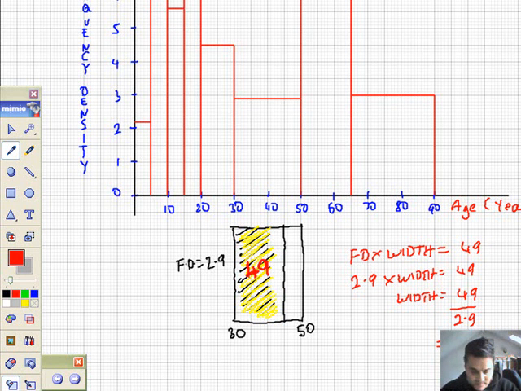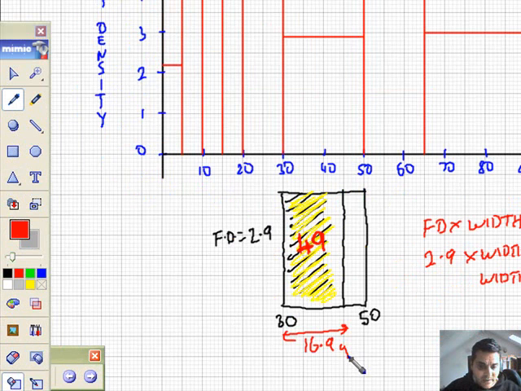16.9, say. So therefore the width from 30 to this barrier here where the 200th person is an extra 16.9 years. Therefore the width from 30 plus 16.9 to take to the 200th person is therefore going to be 46.9 years.